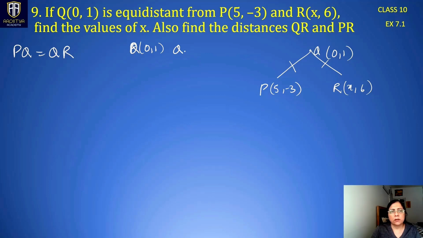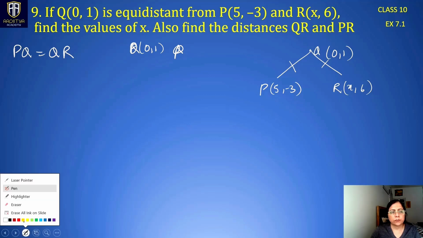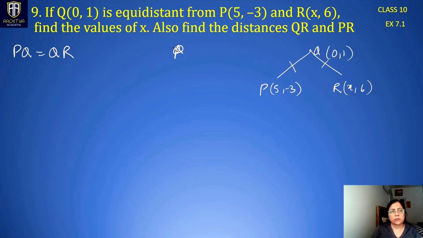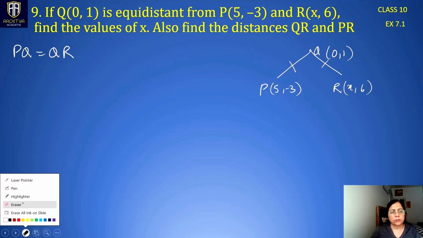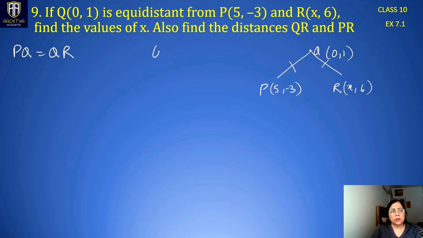Right. Q is (0, 1). P is (5, minus 3), and R is (x, 6).